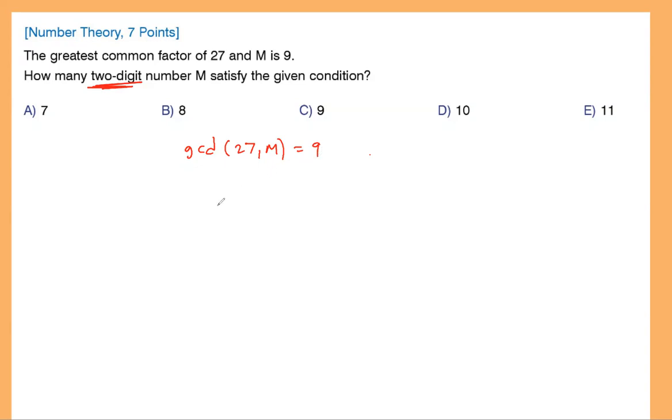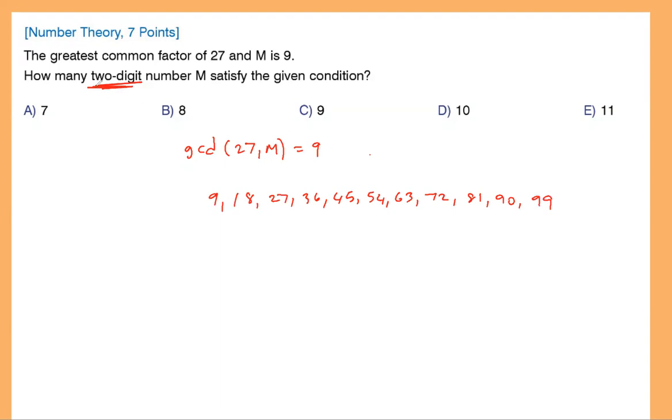So if you start with multiples of 9, you will get 9, 18, 27, 36, 45, 54, 63, 72, 81, 90, and 99.